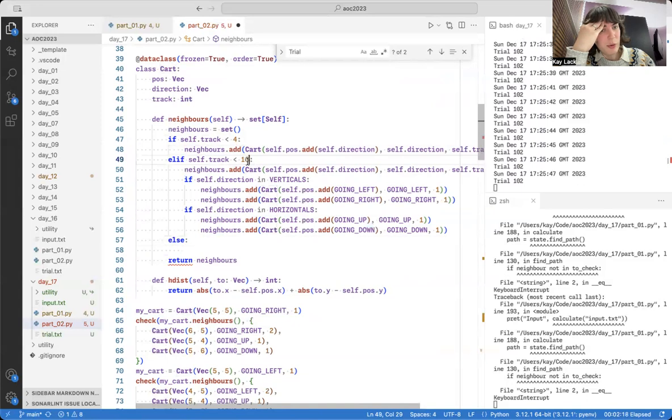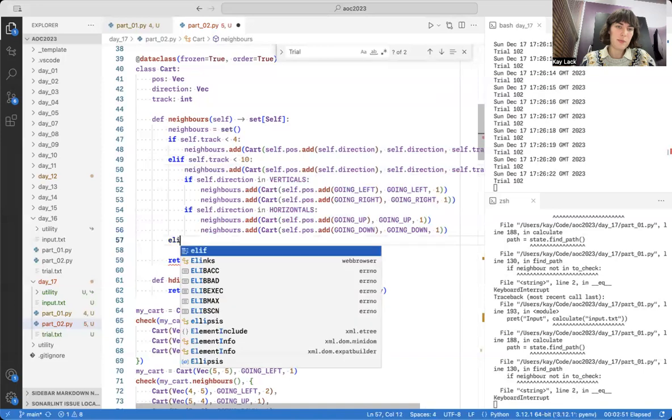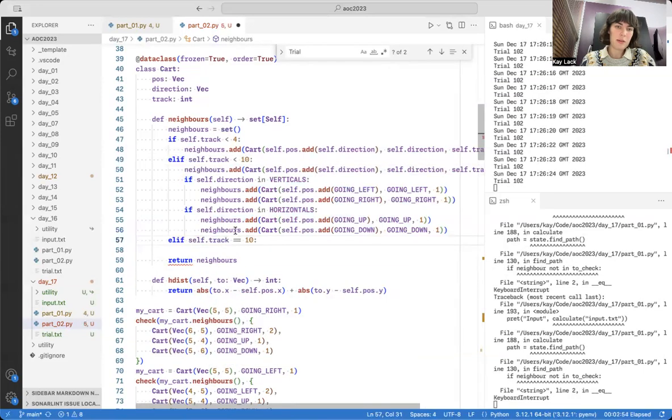If it's 4 or above but under 10, it can go forward, or it can change direction. If it's at 10, it must change direction.